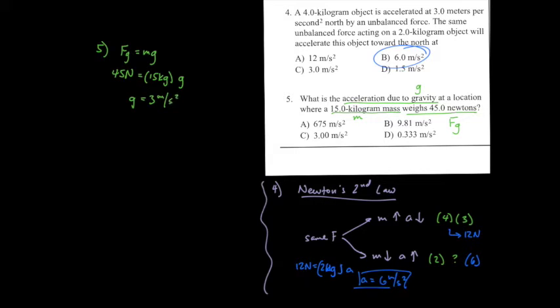We're used to seeing 9.81, but that number is only valid on Earth. Here in this problem, we're looking at a different location outside of Earth.